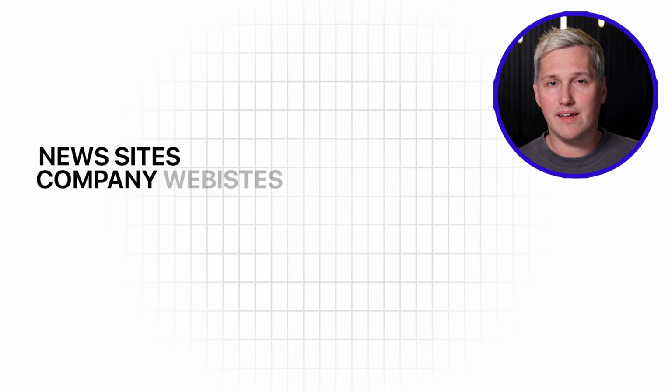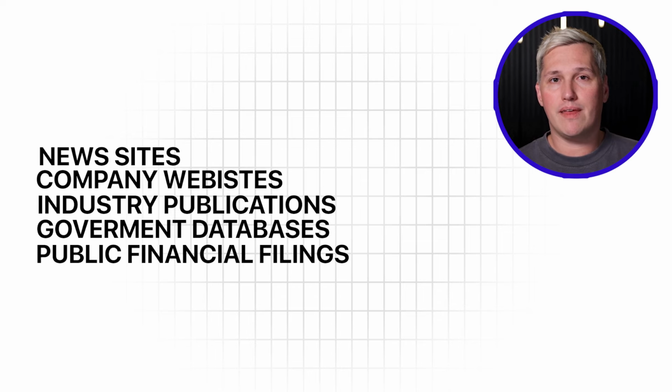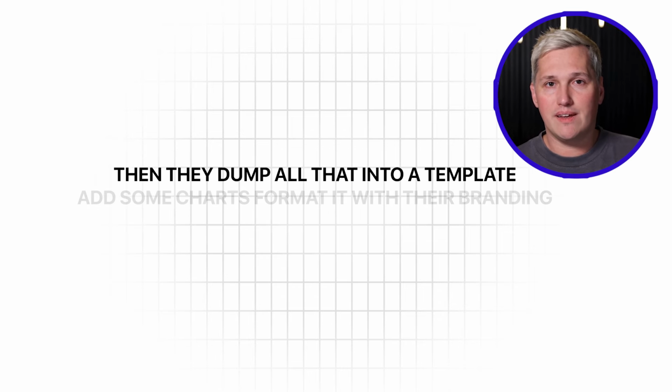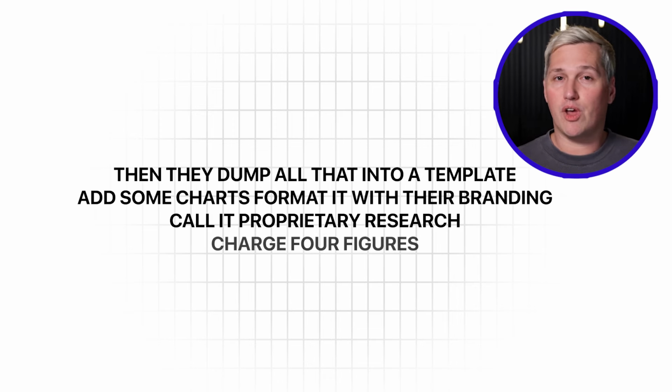When an agency takes on a market research project, here's what actually happens behind the scenes. Junior analysts spend 4 to 8 hours gathering information from public sources, the exact same sources you have access to. News sites, company websites, industry publications, government databases, public financial filings. Then they dump all that into a template, add some charts, format it with their branding, call it proprietary research, charge 4 figures.